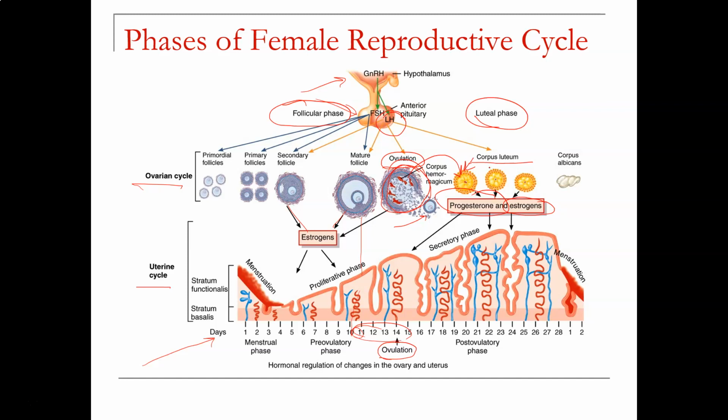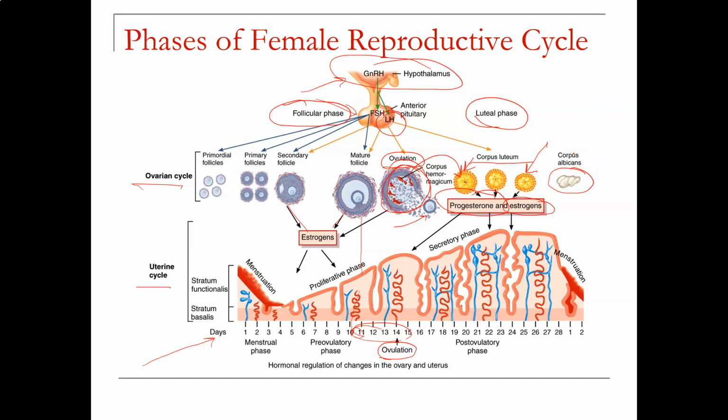But towards the end of the luteal phase, getting up around day 27, a couple days before the end of that cycle, the LH levels start to drop. This is all controlled by the hypothalamus, by the brain. Without that support of LH, the corpus luteum starts to degenerate, gets smaller and smaller until it's just a scar remnant of what it used to be.